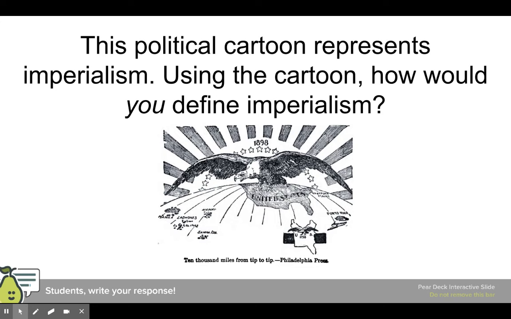What is this cartoon telling me that imperialism is? What clues can I get from this cartoon that are going to tell me what it is? Look at it just for a second, and then I'll talk about it with you.